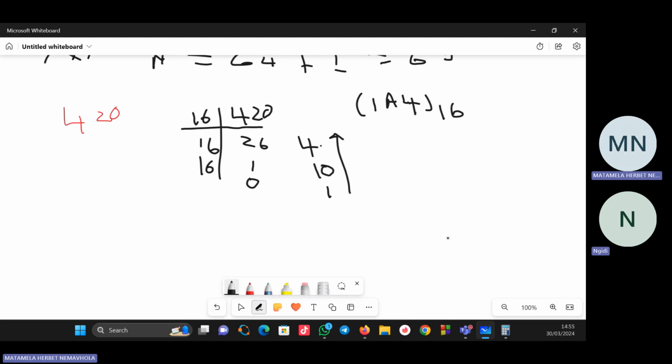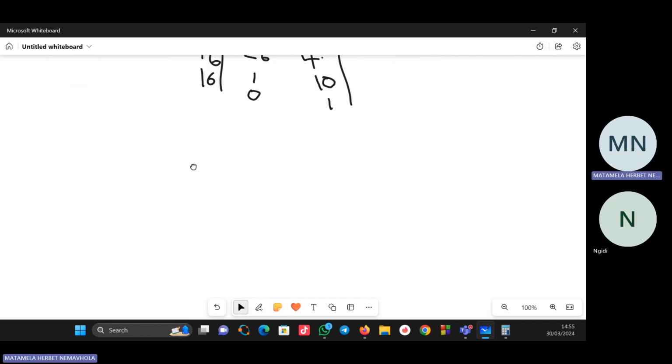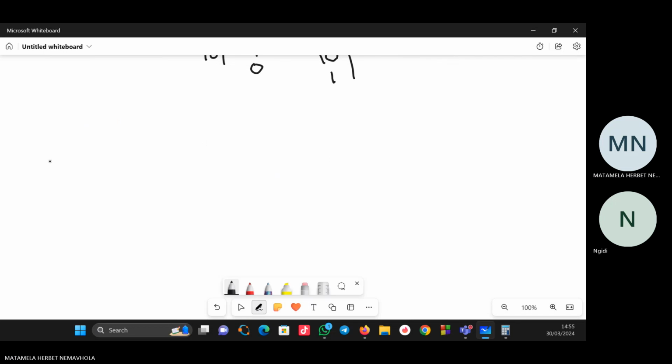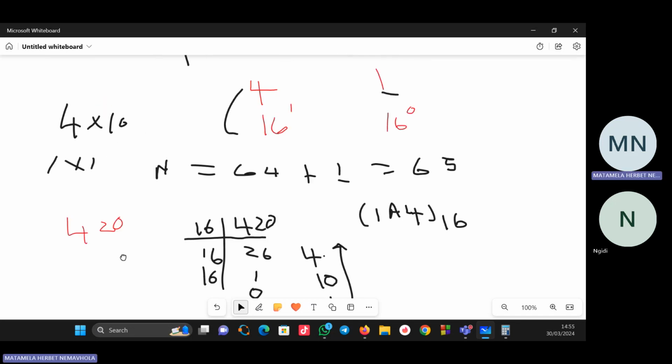So we are still going to talk much about this, and then how to convert them. Maybe you can also ask yourself, okay, how do you convert, let's say you are given, we're going to use 65, let's use the same one we got there.